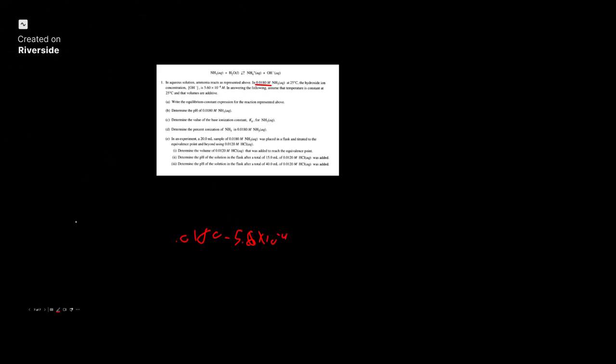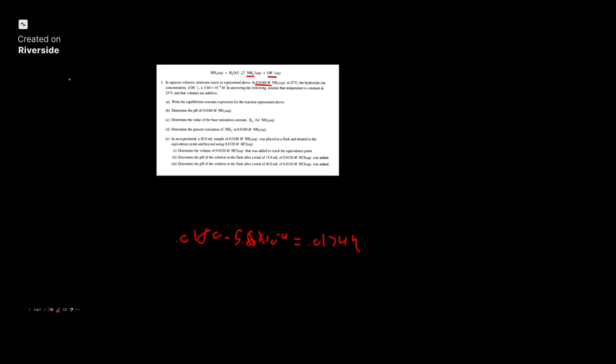Some people might need to write an IC table, but some people just know that you subtract your x, the concentration of your products, which is already given, from your initial. That gives you 0.01744, I believe, if I did that right in my head. Yeah, 0.01744. So that's your new concentration of NH3.